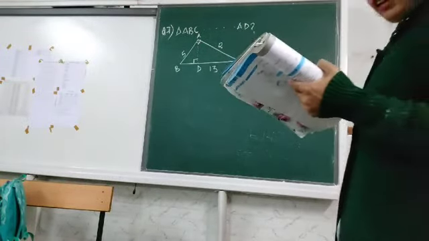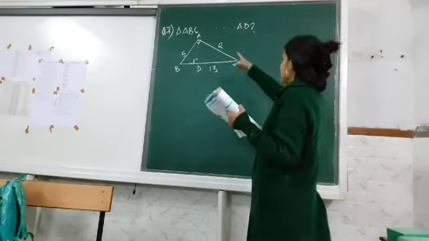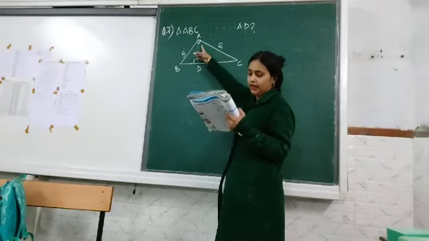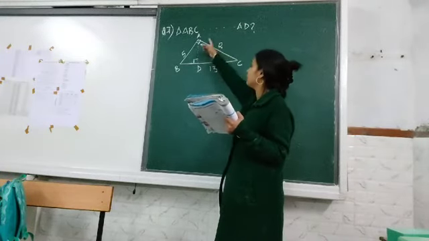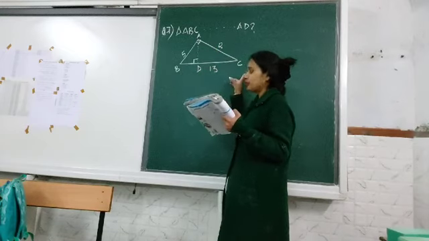Triangle ABC is right angled at A. AD is perpendicular to BC.